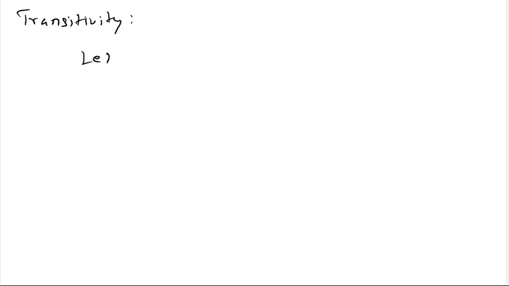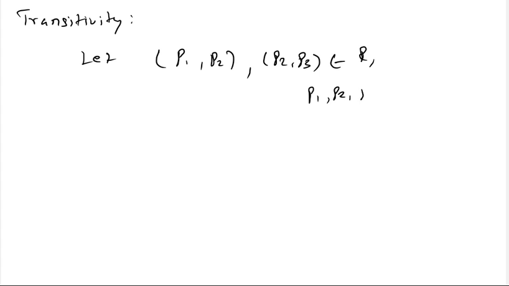Let us take two ordered pairs (P1, P2) and (P2, P3) belonging to R. Here P1, P2, P3 are three members of the set A, where A is the set of polygons.